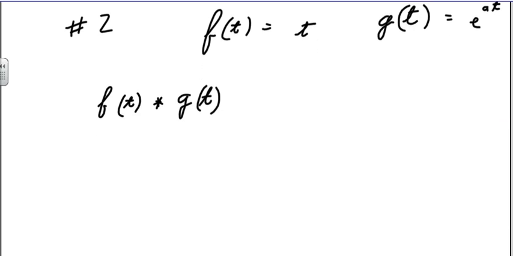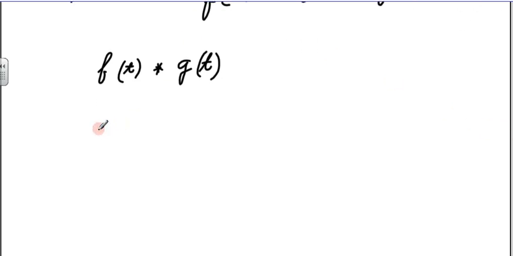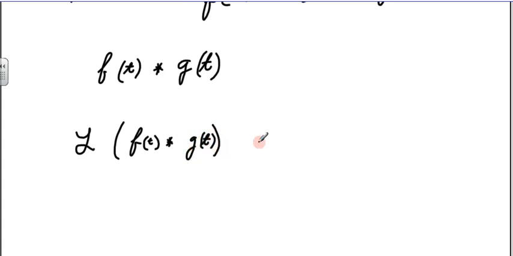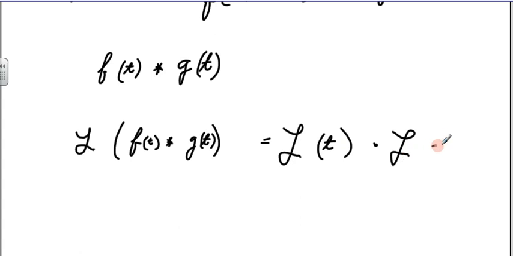So if I look at the Laplace transform of f of t convoluted with g of t, what do I get? I get the Laplace transform of t times the Laplace transform of e to the at.